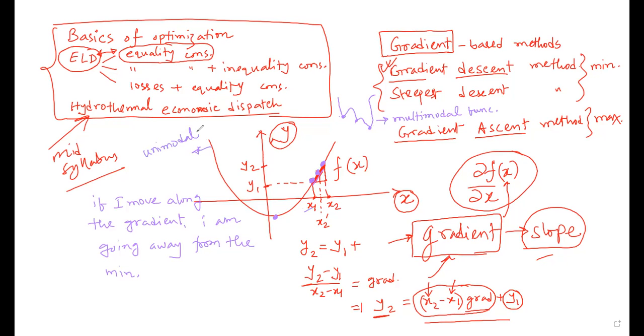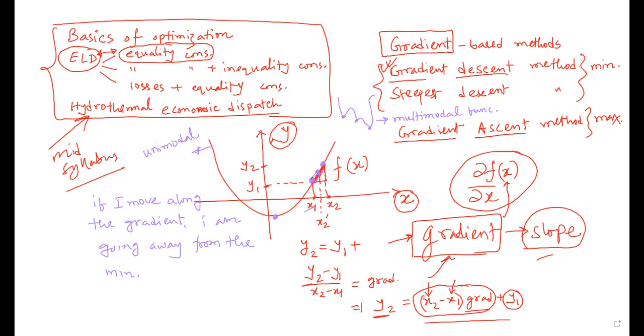unique minima. And that is also applicable for positive gradient. I'm talking about positive gradient. Then I will come to negative gradient. This is positive gradient. So when I'm going in the positive direction, I'm saying if I move along the gradient which is positive, my movement is taking me away from the minimum.